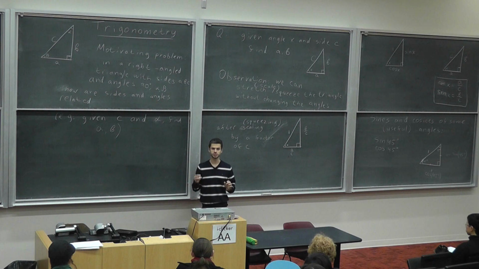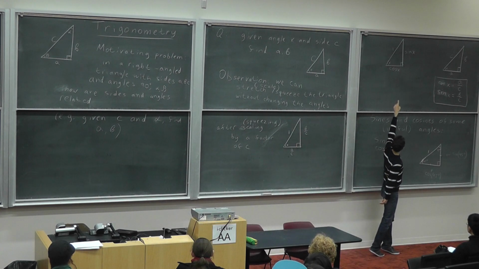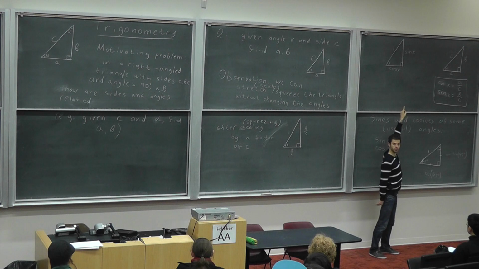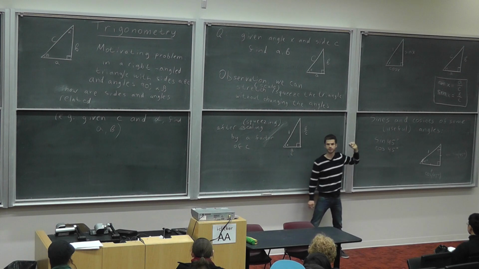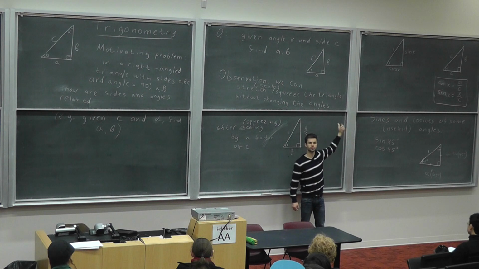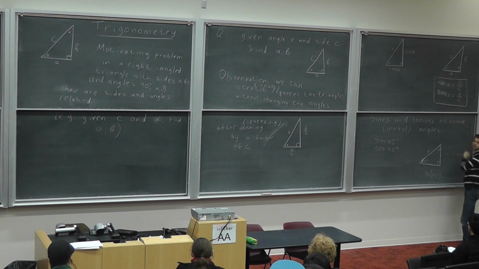So by definition, sine and cosine are the side lengths in a right angle triangle with hypotenuse equal to 1. That's our definition of sines and cosines. From this definition, we also concluded a different way to characterize sine and cosine as a ratio of two lengths.